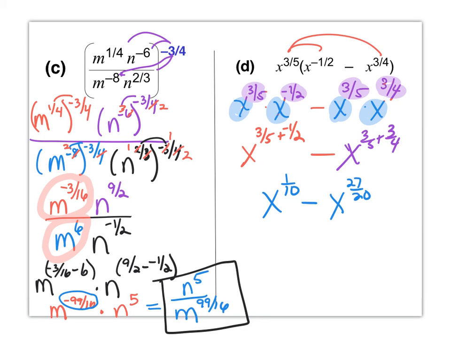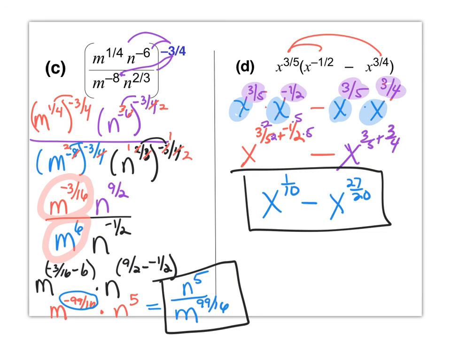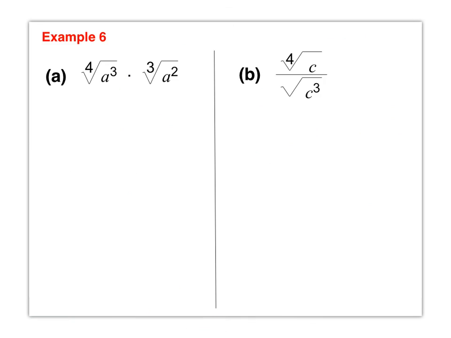Otherwise, you do want to get the least common denominator. For example, if you multiplied by 2 in the numerator and the denominator, and by 5 in the numerator and the denominator, you will get 6 plus a negative 5, which gives you 1 over 10. And similarly with the second term. Now we have this binomial, and that's going to be our final answer in simplified form, x to the 1/10 minus x to the 27 over 20.